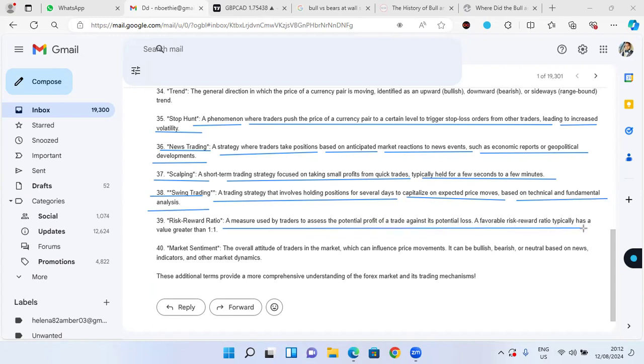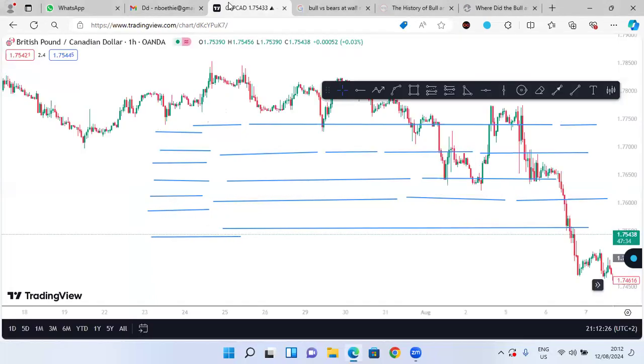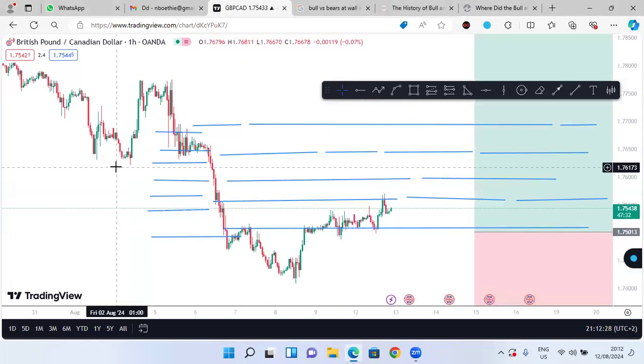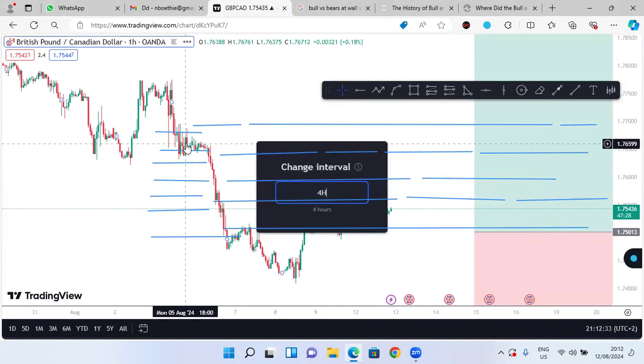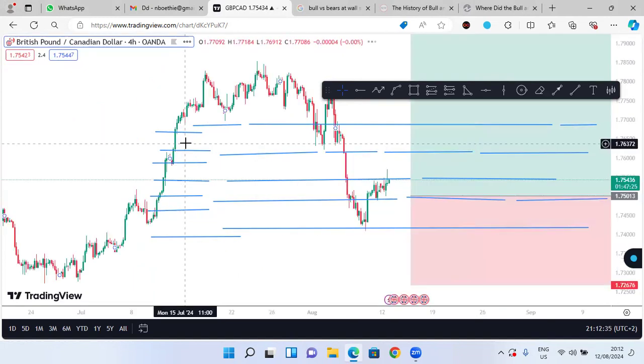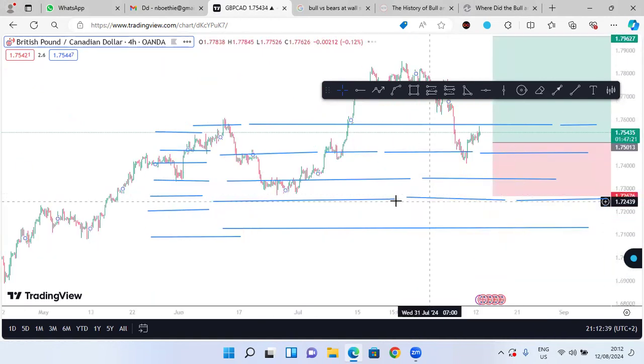A favorable risk to reward typically has a value greater than 1:1. Risk to reward is when you risk $10, for example, and you target to make maybe $20 or more. This is an example of a risk to reward ratio.